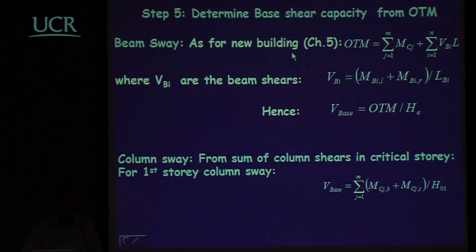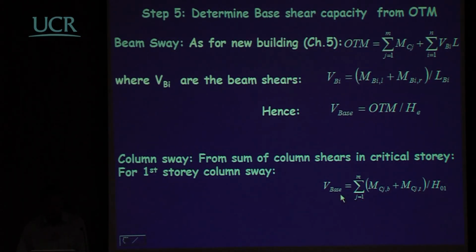Beam sway is as for a new bridge or new building, and we can calculate the overturning moment capacity from the sum of the column moments and the beam shears. On the basis of that, we can calculate the base shear capacity as the overturning moment divided by the effective height. And similarly, we can calculate, if we have a column sway mechanism, a similar idea of what the base shear is.